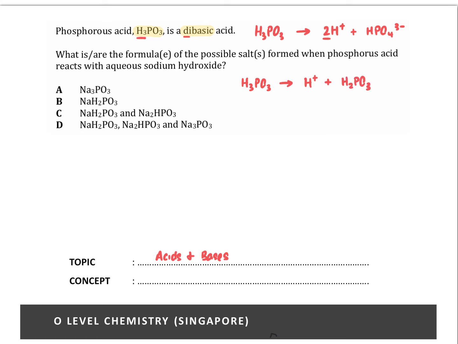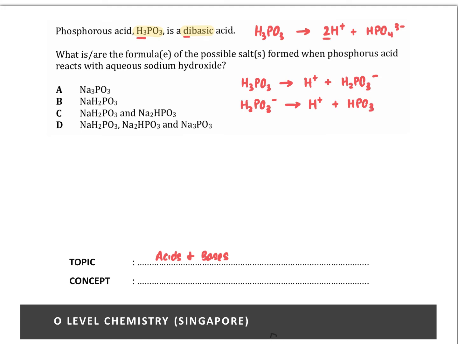And since we have removed something of 1 positive charge, the remaining part would have a charge of 1 negative. And since phosphorus acid is dibasic, the anion that is formed, H2PO3 minus, can undergo a second reaction where it releases a second hydrogen ion, and then the remaining fragment would have one further less hydrogen.